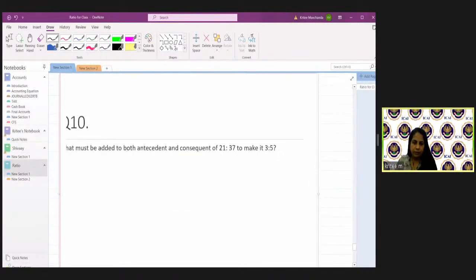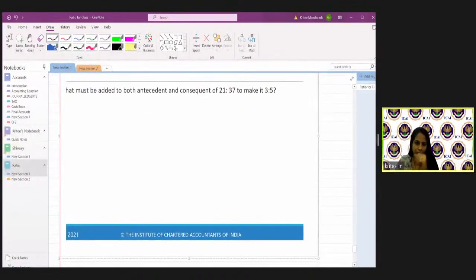Okay, the last question, the easiest one. What must be added to both antecedent and consequent of 21 is to 37 so that the new ratio becomes 3 is to 5? Let x be added.